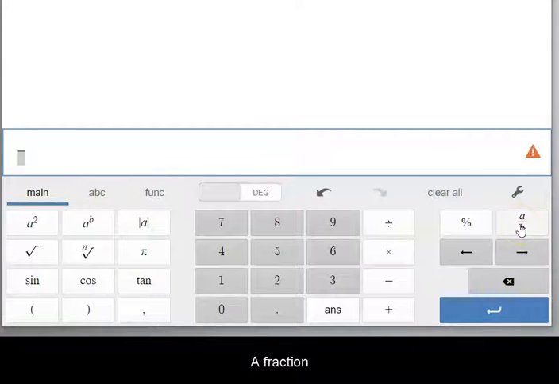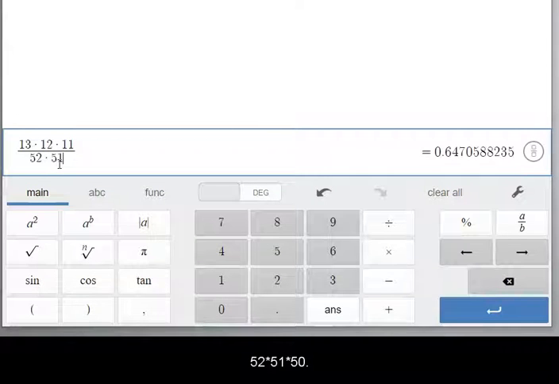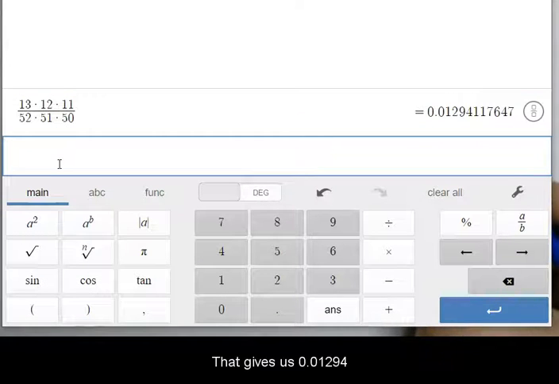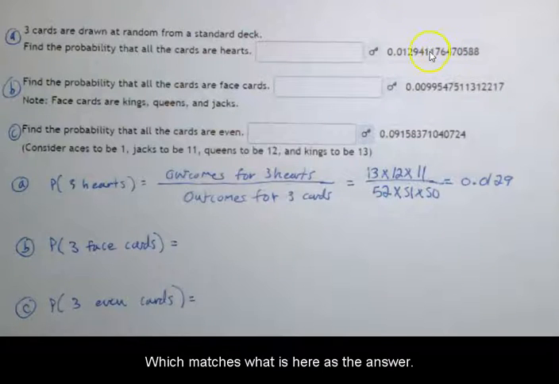A fraction, 13 times 12 times 11 on the top, 52 times 51 times 50 on the bottom. That gives us 0.0129 as our probability, which matches what is here as the answer.